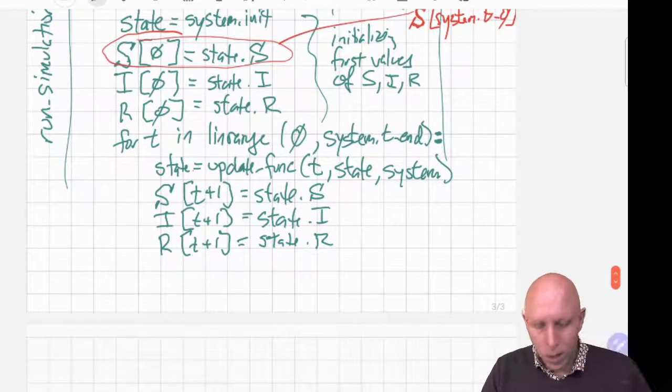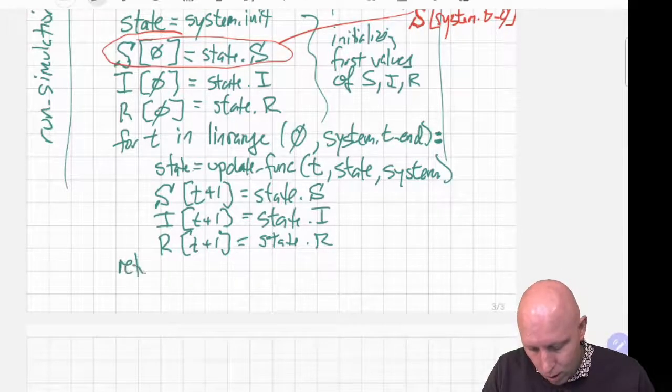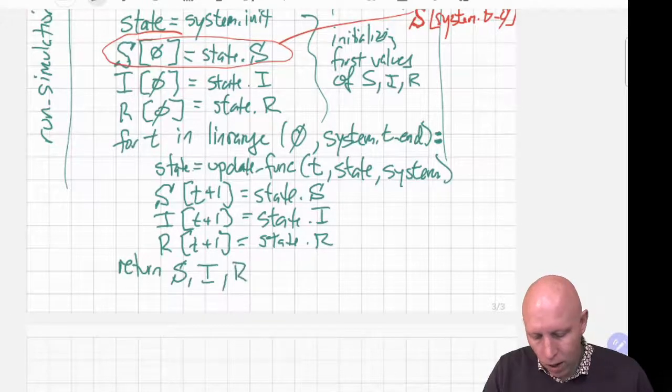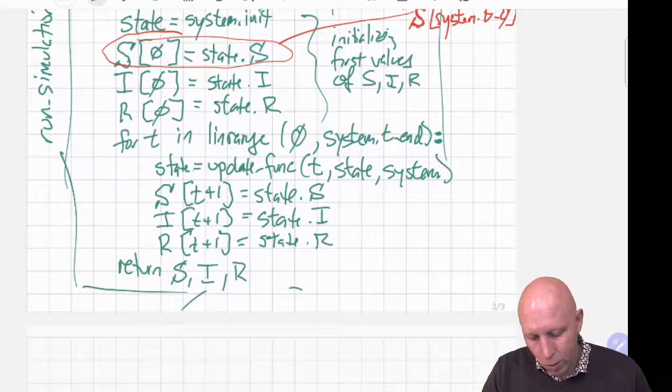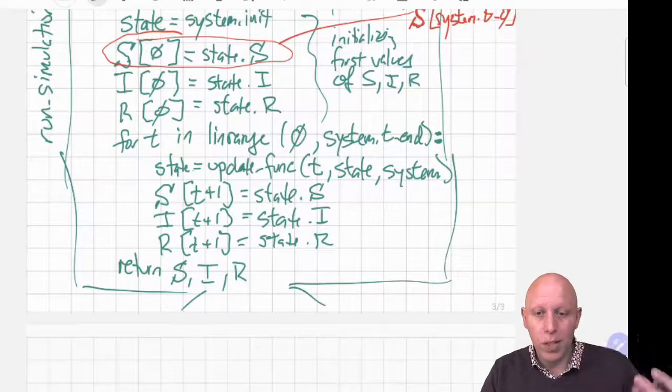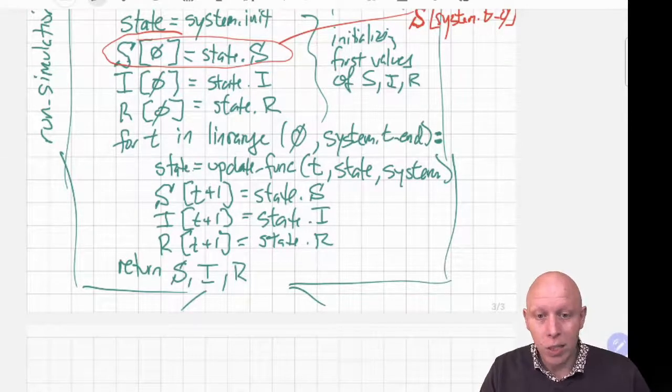And then once we do all that, we need to send this information out. So we return S, I, and R, and you see here that the output is now 3 different time series.